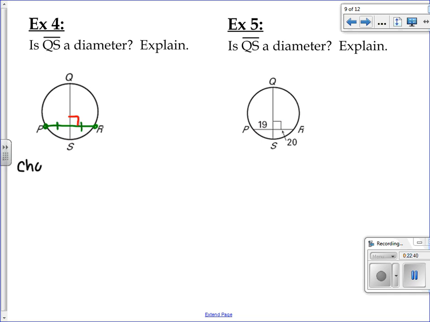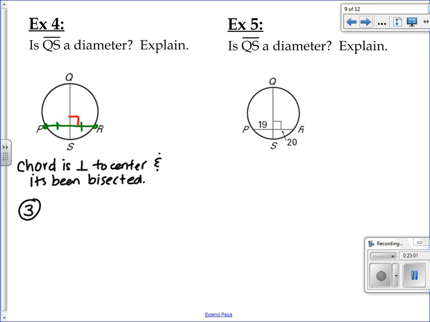So we have a chord that is perpendicular to the center, and it's been bisected. So which of the 3 properties is this one describing? This is the third property. And as a result, QS is a diameter.